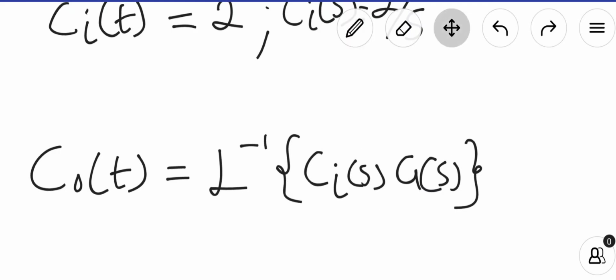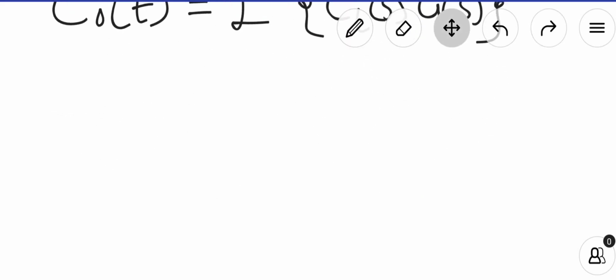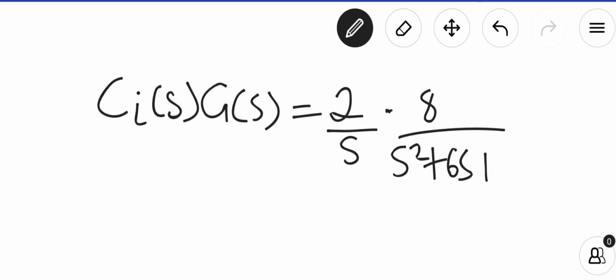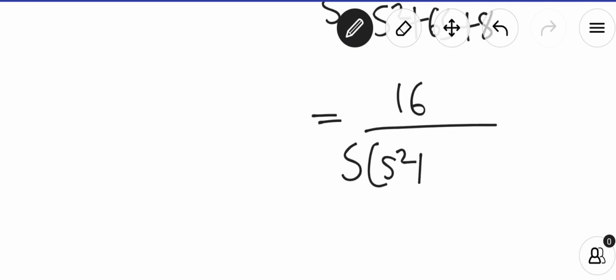Now is to find their product and see if we can from there get the inverse Laplace transform. So the product is 2 over s times 8 over s squared plus 6s plus 8. This gives you 16 over s squared plus 6s plus 8.